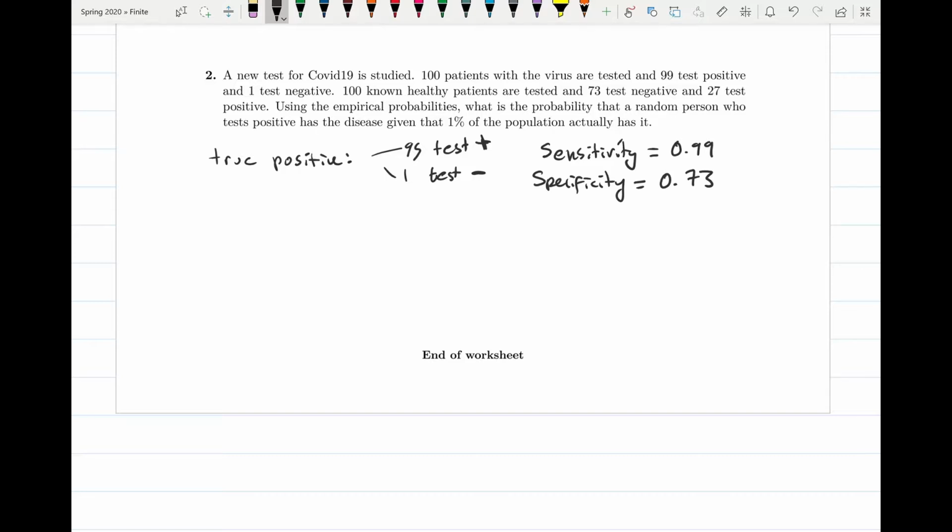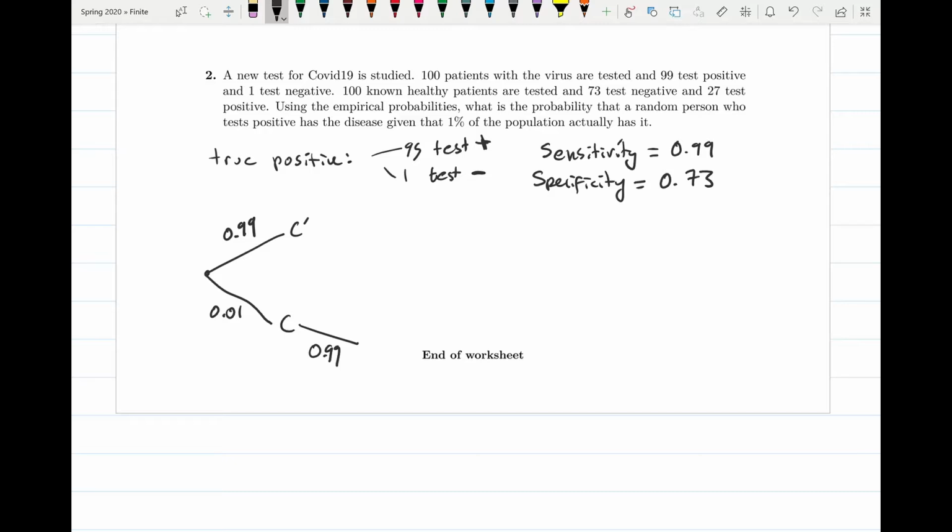So we have a person here, they either have it or they don't. So let's say C for having COVID-19, C not for not having it. And then we have 0.01, 0.99. And of those that do have it, they're almost certainly, 0.99, this is the sensitivity, going to test positive.